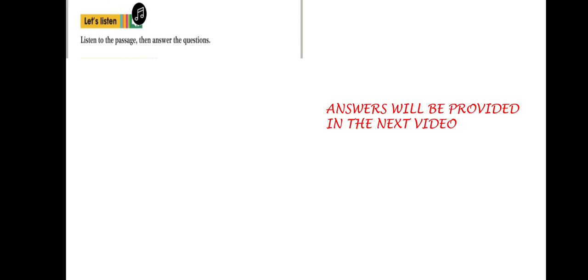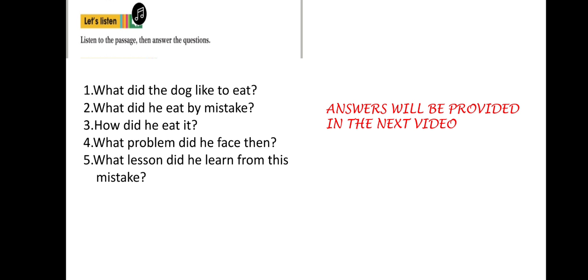Okay, listen to the passage, then answer the questions. So this is a listening exercise which you have to do. What we have to do now is first go through the questions. You will see there are 5 questions. What is the first question?